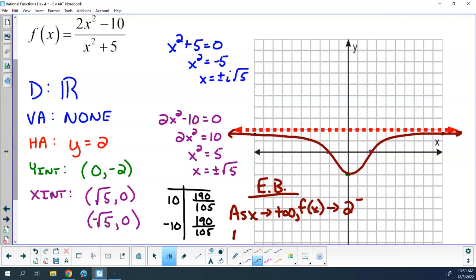And as x is approaching negative infinity, f of x is going to approach 2 from below. And that's that.